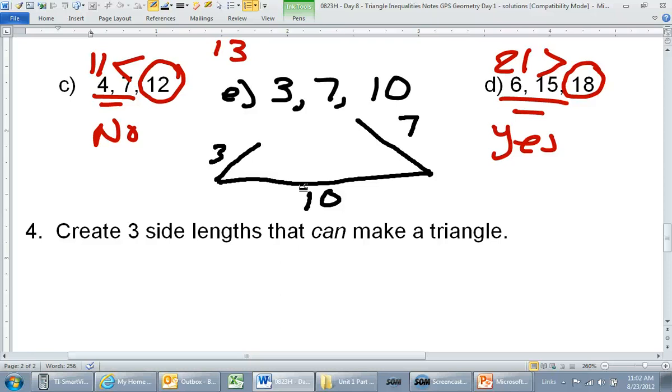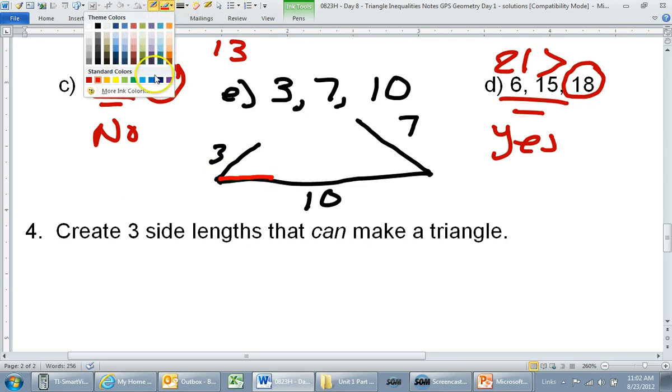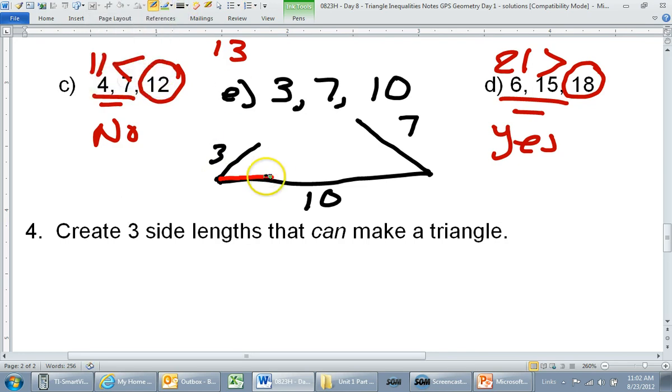Straight line. Okay? Yes, they will touch, but because they are exactly equal, the only way they will touch is if it's flat. For example, if my 3 was like this, flat, and my 7 was like this. Whoa, I'm messing up. Flat.